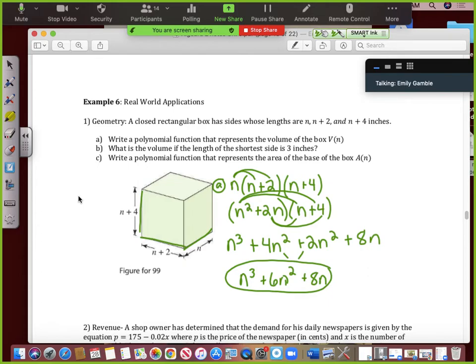Then they're asking us what the volume would be if the shortest side is 3 inches. So you have two options. You can either use the actual box and replace these numbers in. This is the shortest side, which is 3. If this side is 3, then this side would be what?